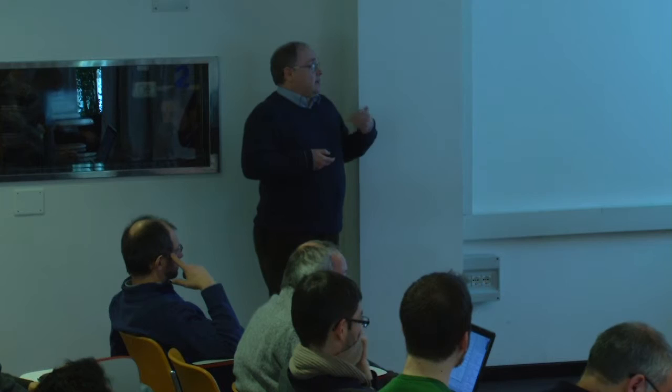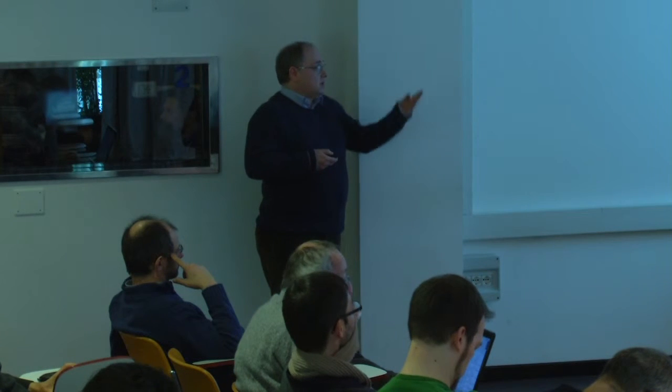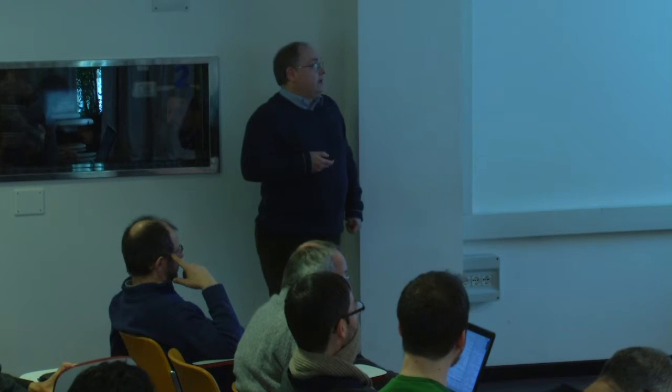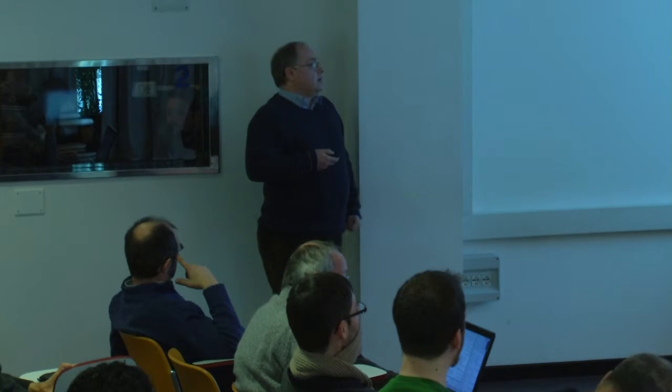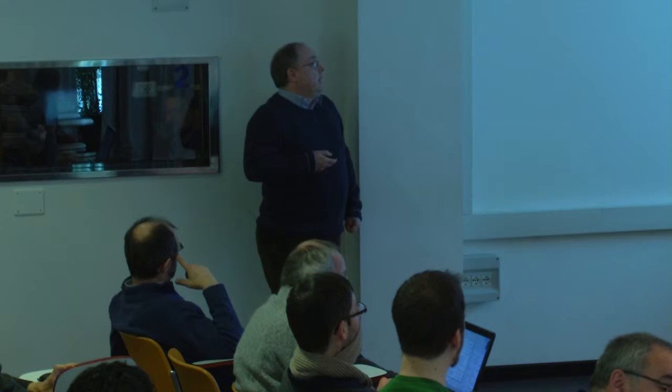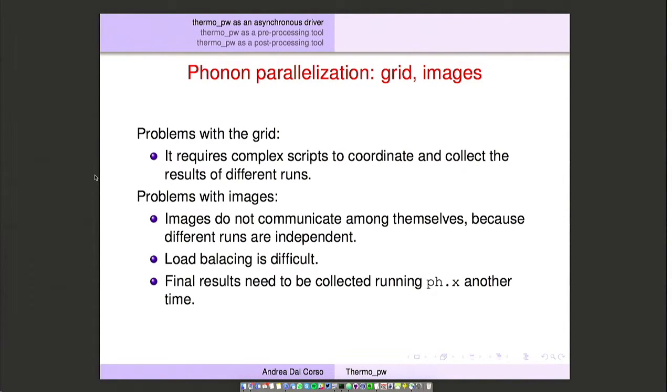The other thing that we made after the grid was this image feature. So each image takes a Q point or an irreducible representation. But the problem was that you have to know from the beginning how much time a given Q or a given representation will take.